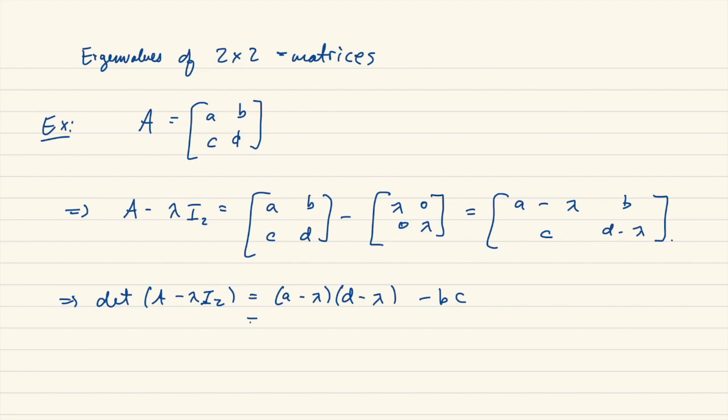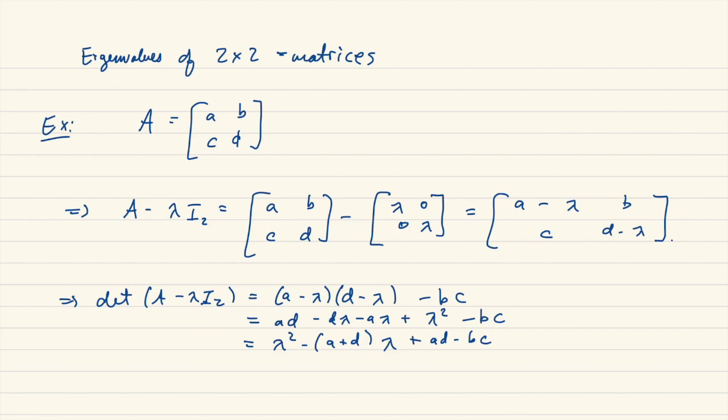And this works out to be AD minus D lambda minus A lambda plus lambda squared minus BC, or you can rearrange that to lambda squared minus the quantity A plus D times lambda plus AD minus BC.